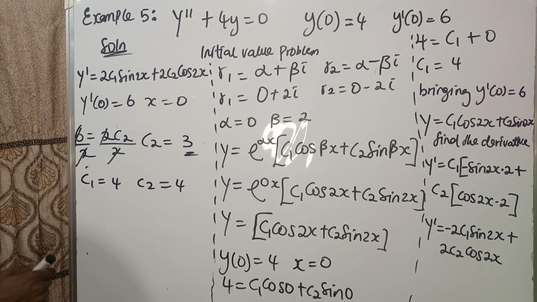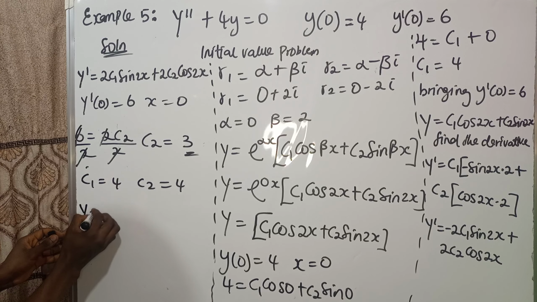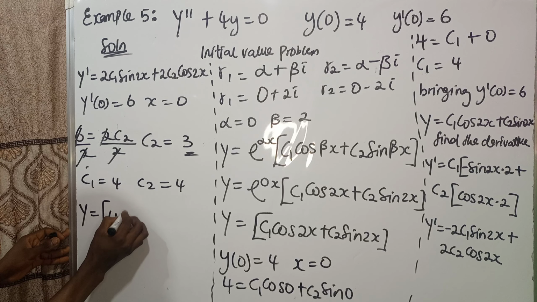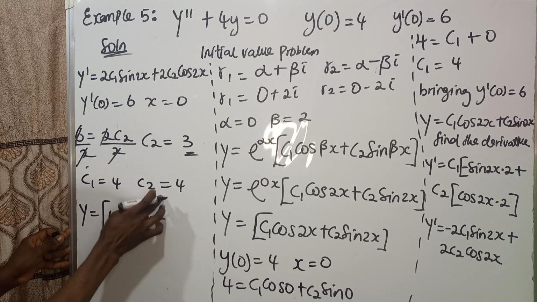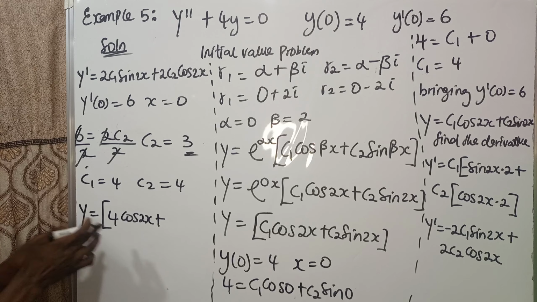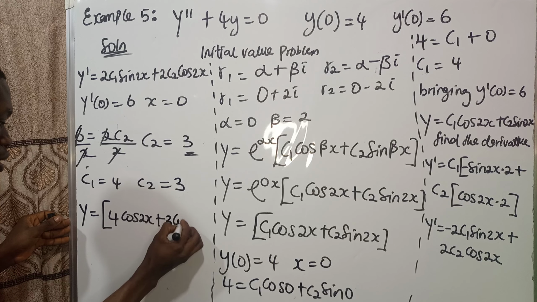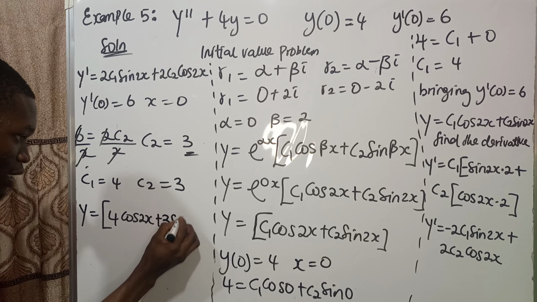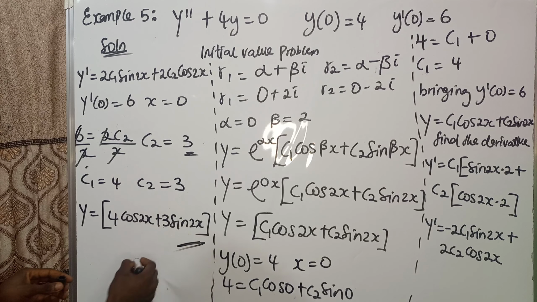So we are going to bring back our equation: y is equal to c1, which is 4, so we have y is equal to 4 cos 2x plus c2, which is 3, so plus 3 sine 2x. So this is our answer.